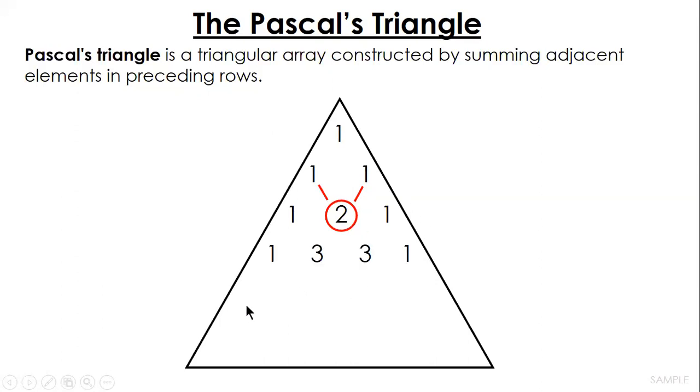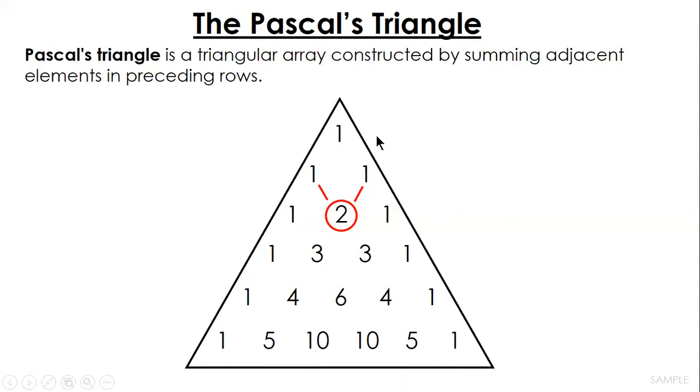And for the next one, you can guess: that's 1, 4, 6, 4, and 1. And then the last one, 1, 5, 10, 10, 5, and 1. And so on.